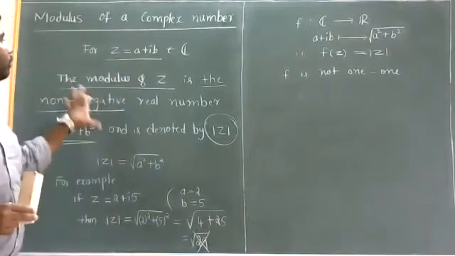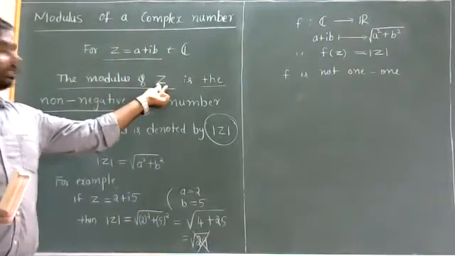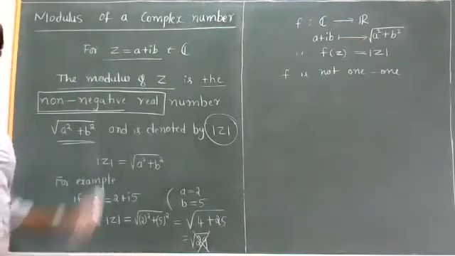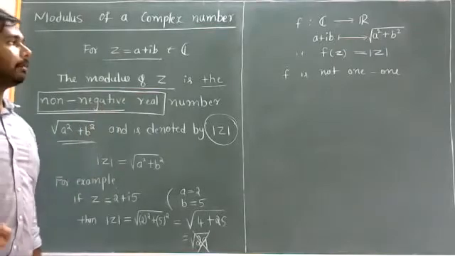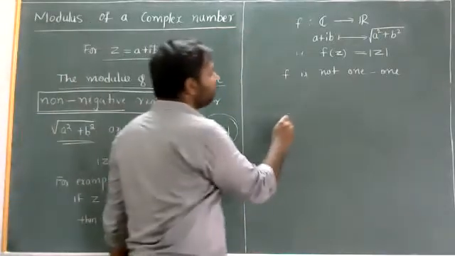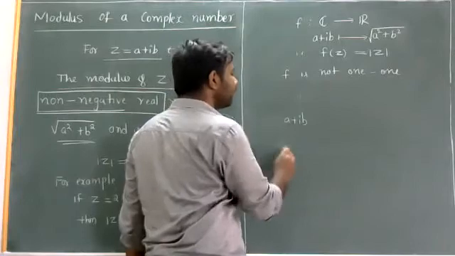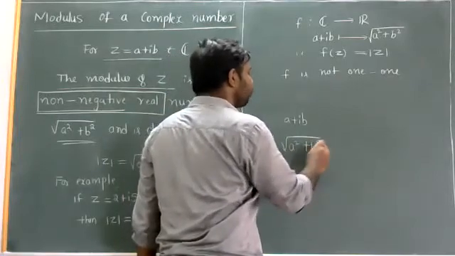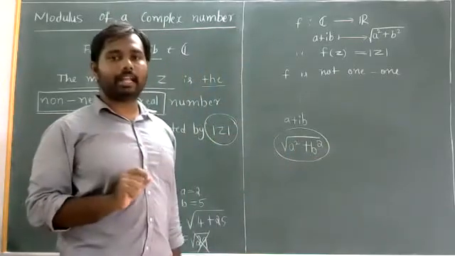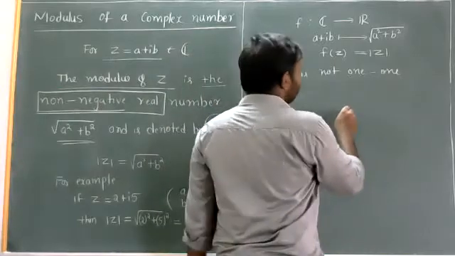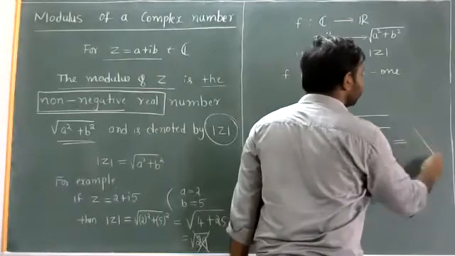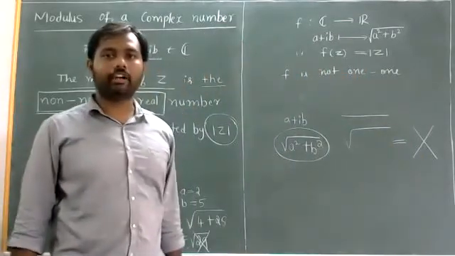By the definition of the modulus function, the modulus of z is what? It is a non-negative real number. What about negative real numbers? That means if you take any complex number and calculate its modulus value, it is always a non-negative real number, it cannot be negative.